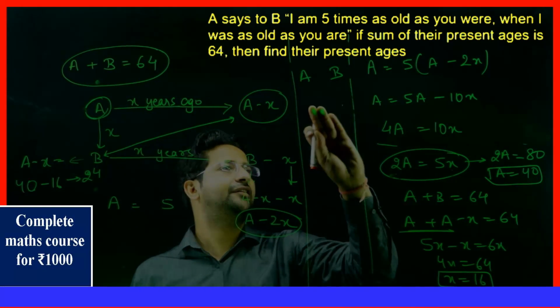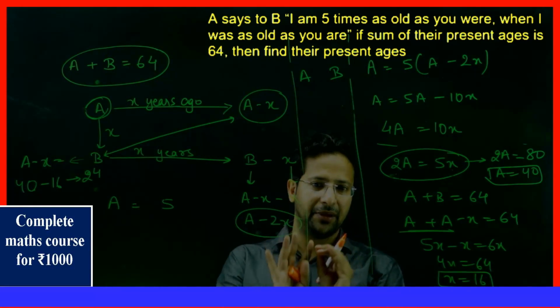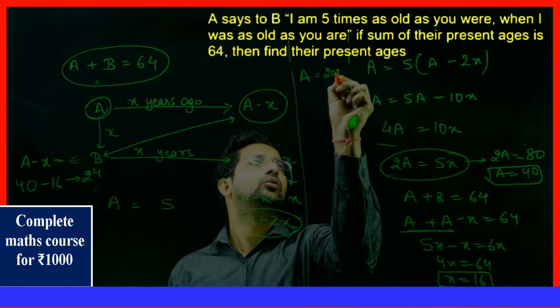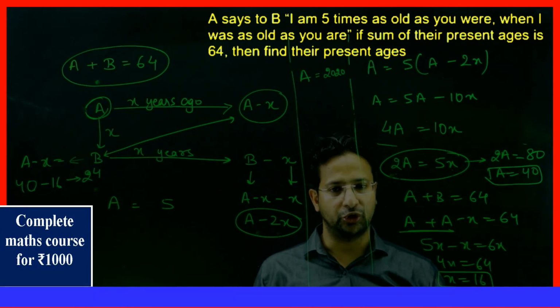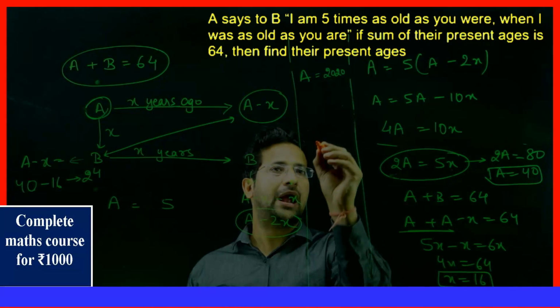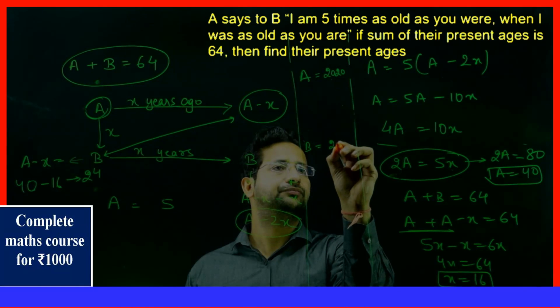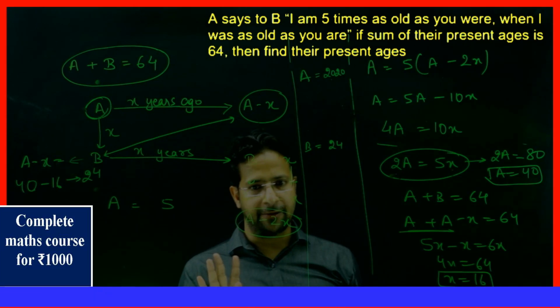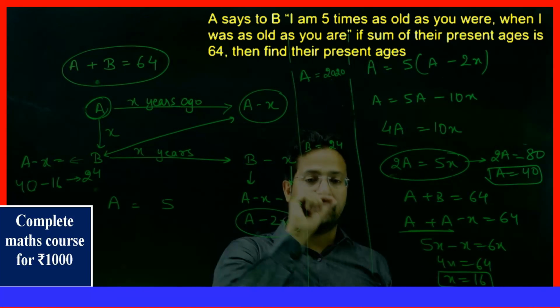Let's say my name is Ajay, I am A. Right now today is 2020, and B is 24.